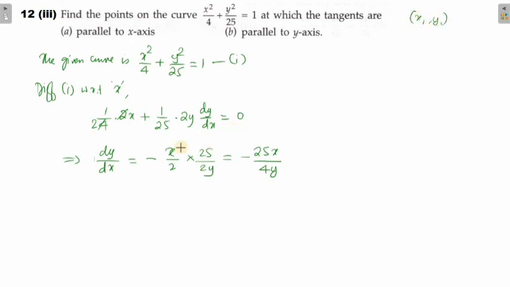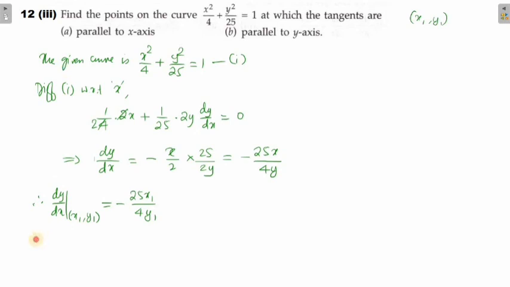So we'll find the slope of the tangent, that is dy by dx, at that point. Therefore your dy by dx at the point x1, y1 turns out to be minus 25 x1 by 4 y1.